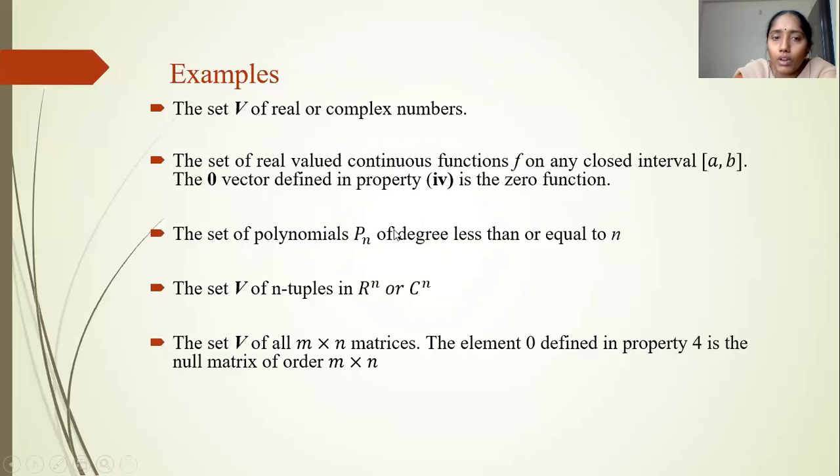The set of polynomials Pn of degree less than or equal to n. The set V of n-tuples in R power n or C power n. The set V of all m by n matrices also satisfies the vector space properties. These are all examples of vector spaces. I will explain one more example in detail in the next class. Thank you all.